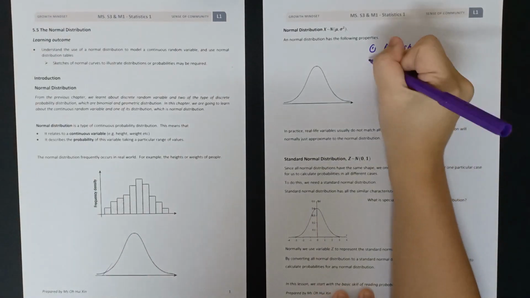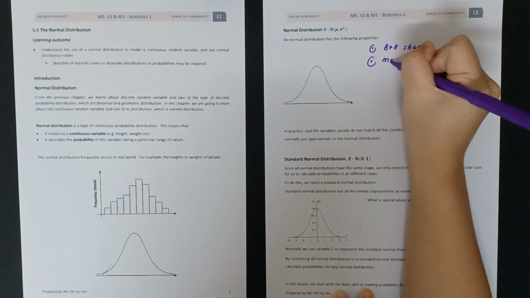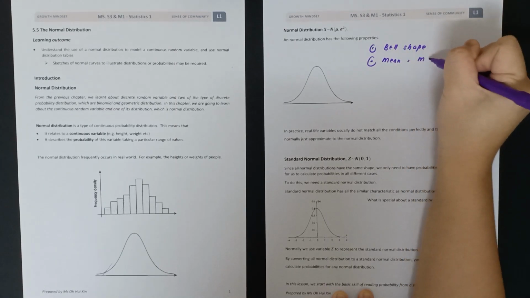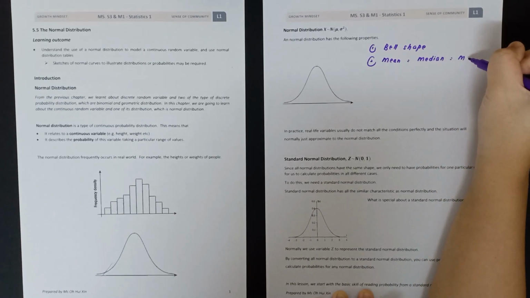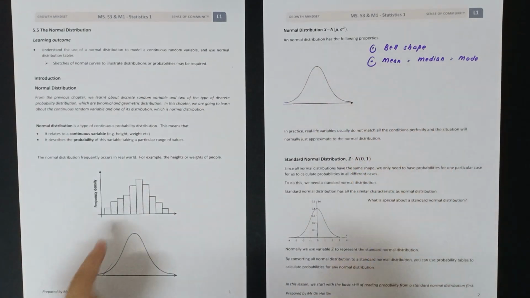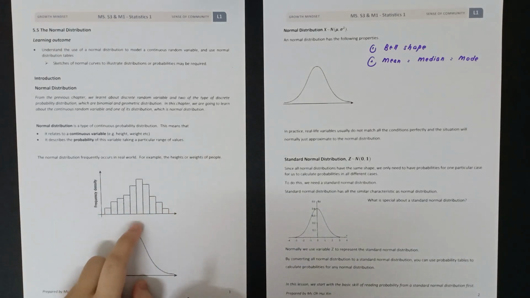Then what you can realize is that you have the same mean, the same median, and one more, the mode. Mean means when you add up all the heights of the boys and divide by the quantity of the boys, you get the same answer as the midpoint and the height of the majority of the boys also.